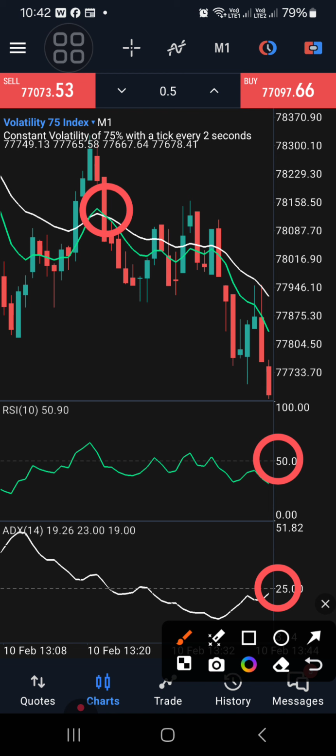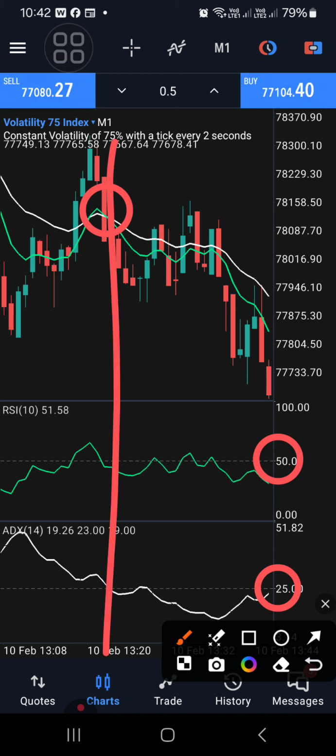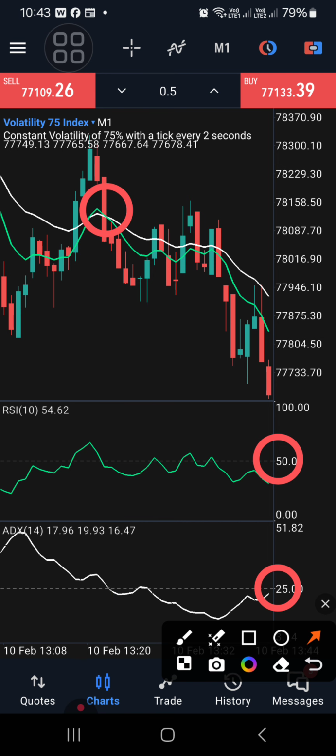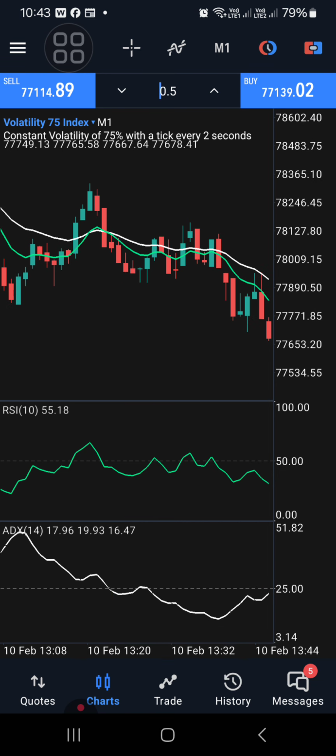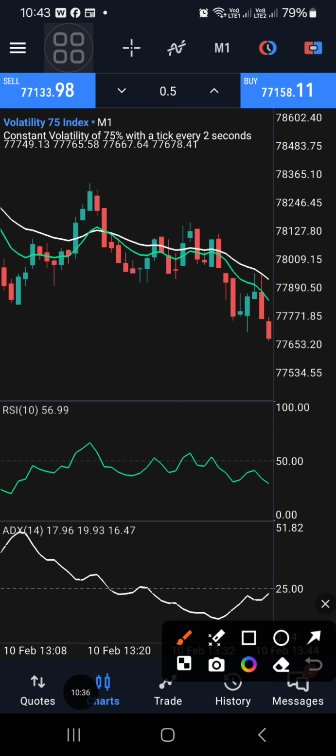So let's check if all the conditions were met. At this particular level, all the conditions were met, and we're going to enter our sell here, and our stop loss is going to be placed just above this recent swing high. What I mean when we talk about the swing high is this particular level here.